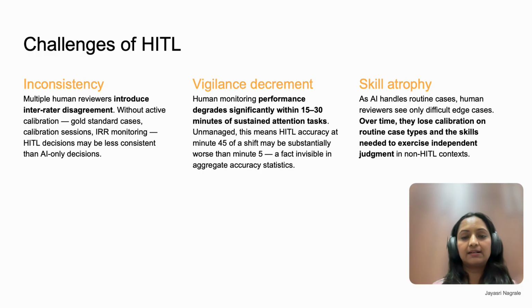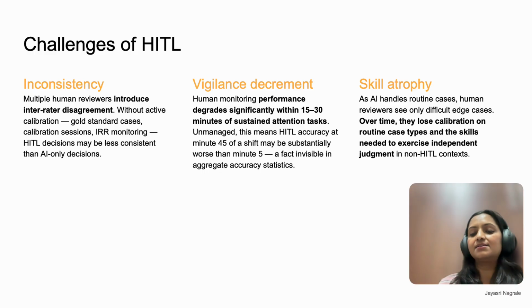So how can we design around this so that vigilance is maintained or improved, but not decreased? One thing that we saw with the healthcare system was skill atrophy, wherein as AI handles routine cases, human reviewers will only see difficult edge cases. Over time, they lose the calibration on routine case types, and the skills needed to exercise independent judgment decrease, which again decreases the performance of the HITL as well.